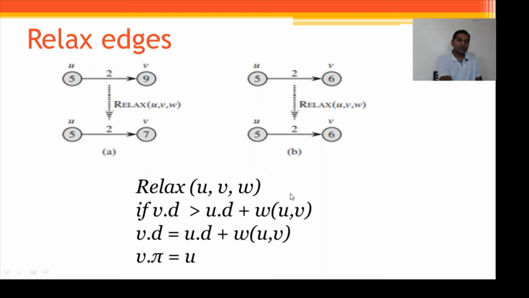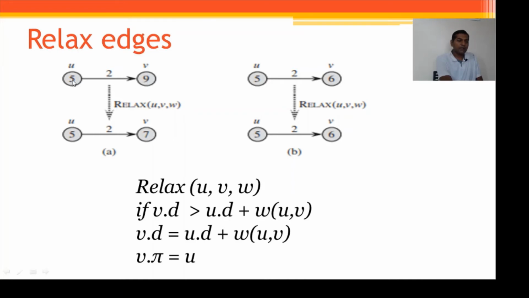To do this, we are supposed to understand what a relaxation is. In this relaxation, let's assume u and v are the two vertices. U vertex has got a distance 5, whereas v vertex has got a distance 9.